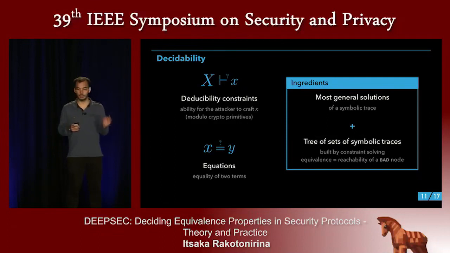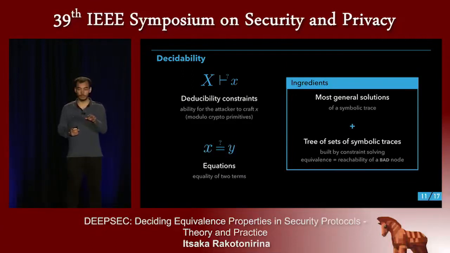This is a finite set of solutions that we can compute, and that characterizes the whole set of possible instances of this symbolic trace. Computing this set of most general solutions is one of our most important contributions.